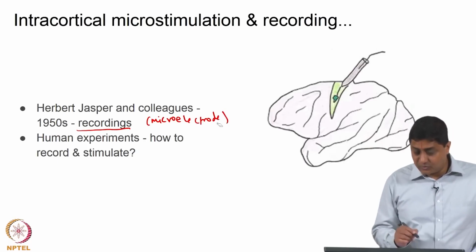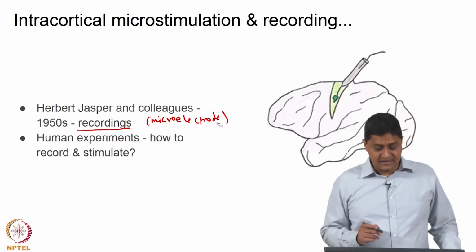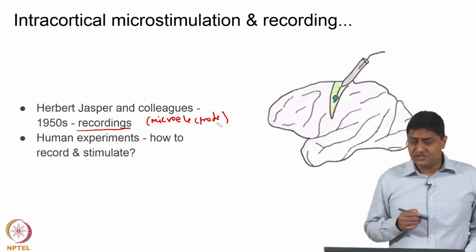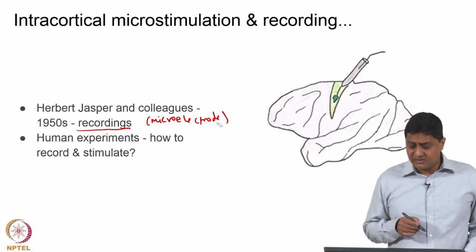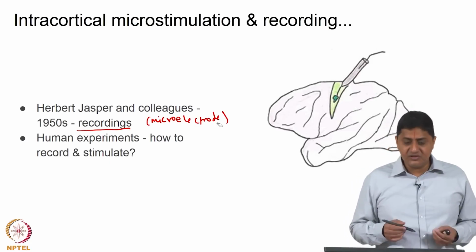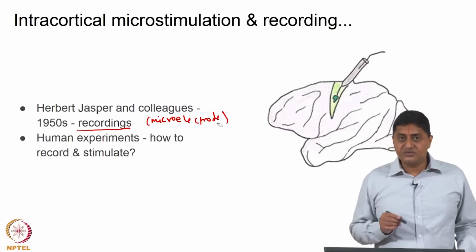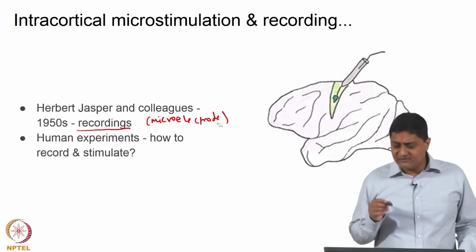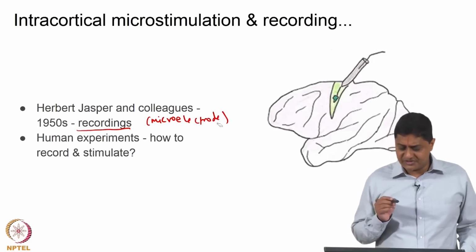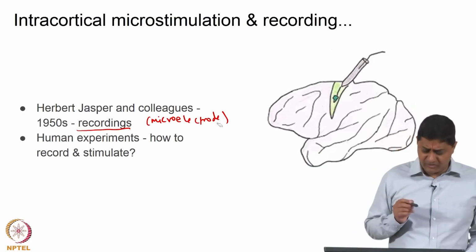recording. So, there are two things, one is stimulation using microelectrodes, the other is recording. The electrodes that are used for recording can also be used to stimulate, supplying relatively small stimulating voltages for a brief amount of time.